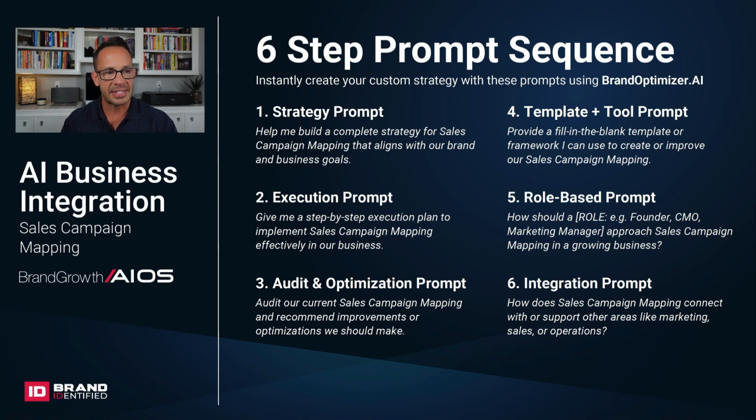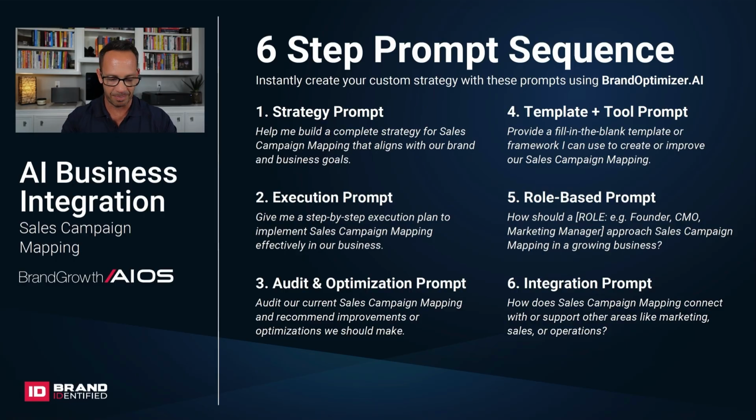So that is: how should a, and then you want to insert your title, your role, or a position within your organization, so for example, founder, CMO, or marketing manager, approach sales campaign mapping in a growing business. And then the 6th and the final prompt in this 6-step AI prompt sequence, this is your integration prompt. And that is: how does sales campaign mapping connect with or support other areas of our business like marketing, sales, or operations.